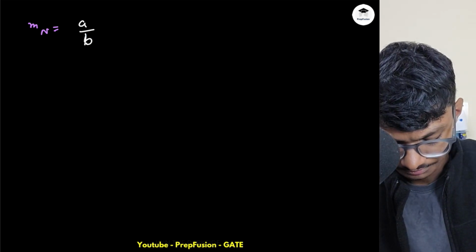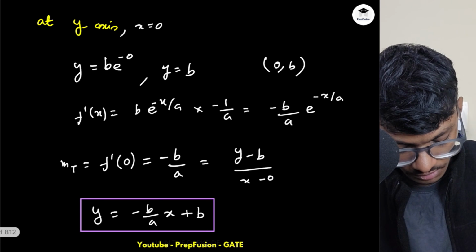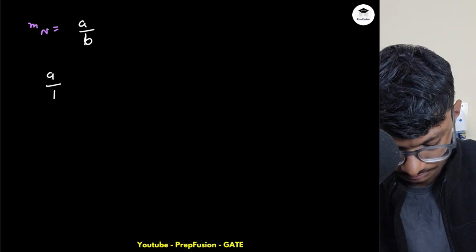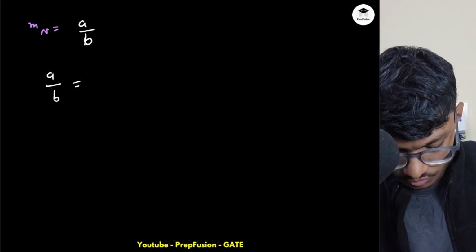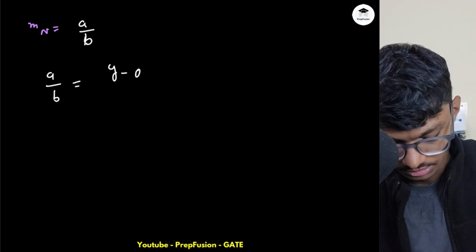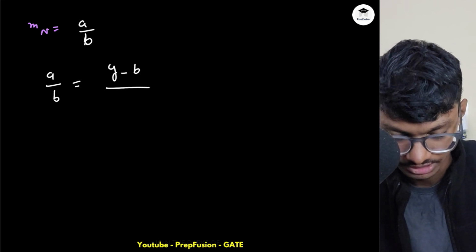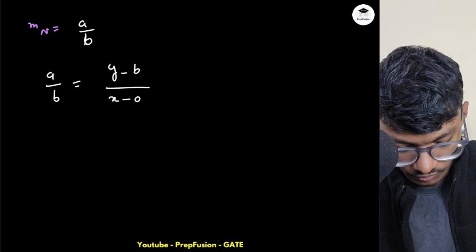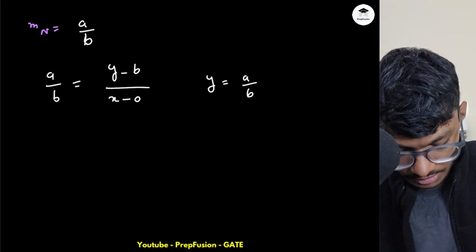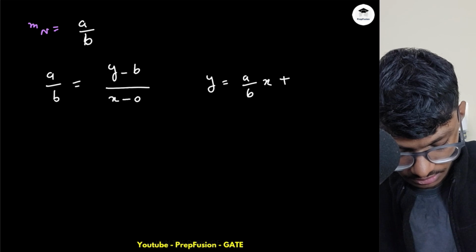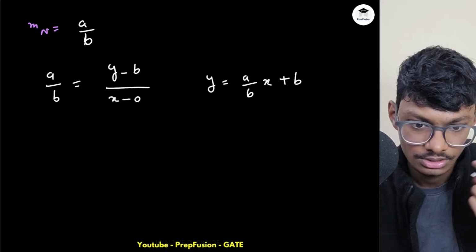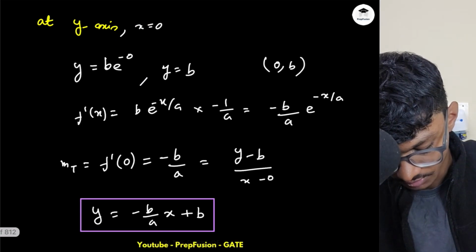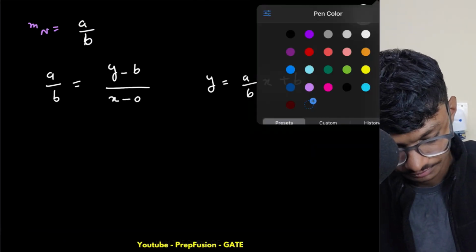So now a upon b equals y minus y1, again this is b, this has to also satisfy the point, over x minus x1, x minus 0. So y equals a by b x plus b. So these are the equations of the tangent and normal. This is part 1. Let's solve part 2.